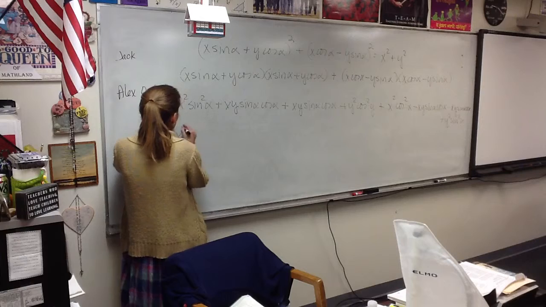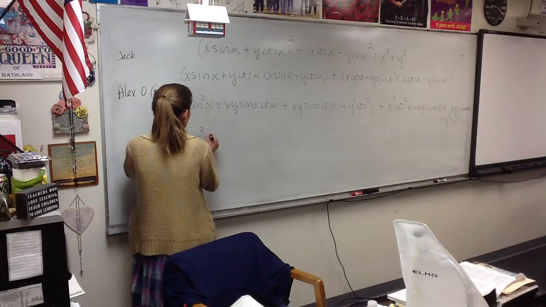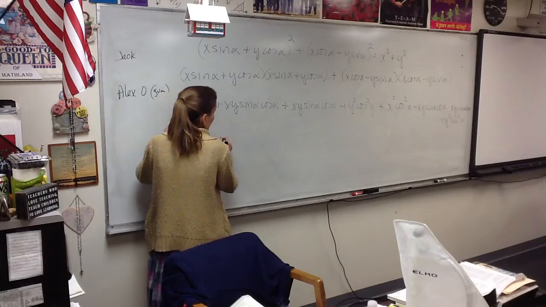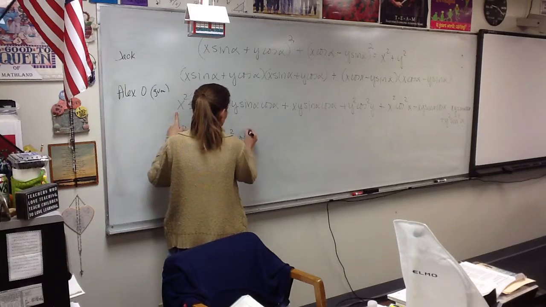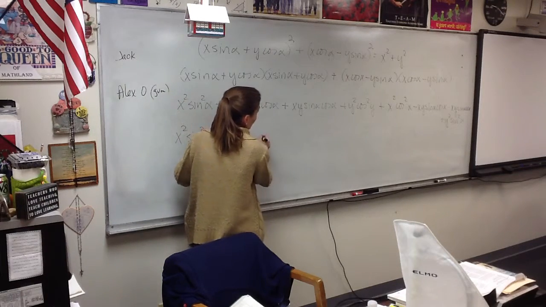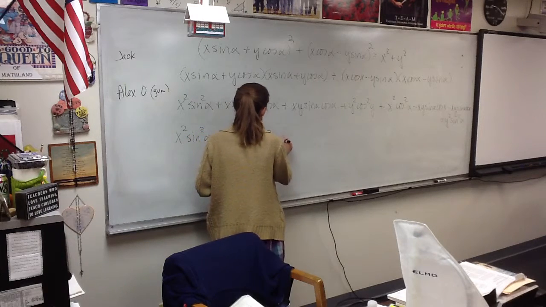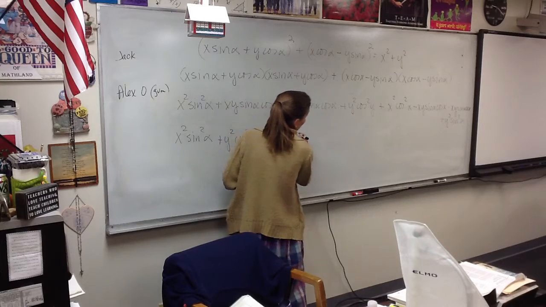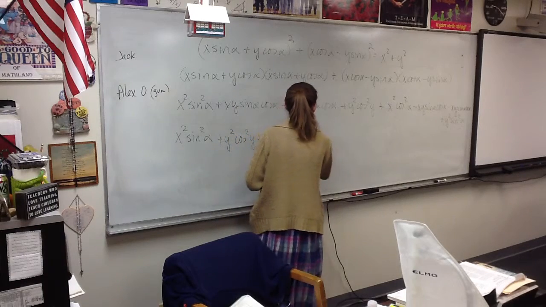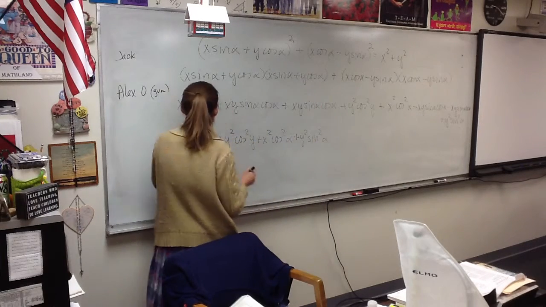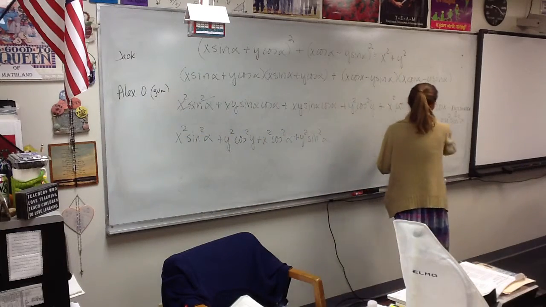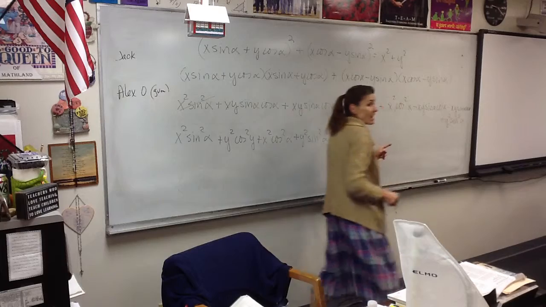I have an x squared sine squared. And I have a y squared cosine squared. And an x squared cosine squared. And a y squared sine squared. Okay, so I just took care of these. I'm crossing them off because I've written them down. They don't cancel, but they're not like terms.